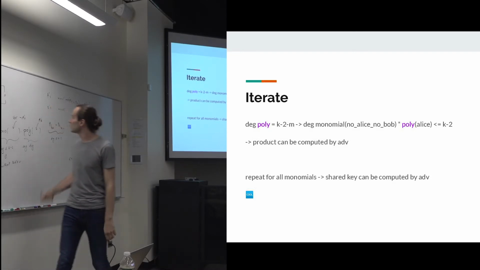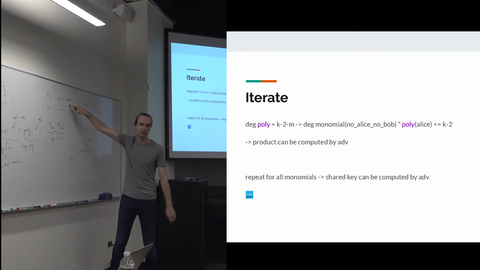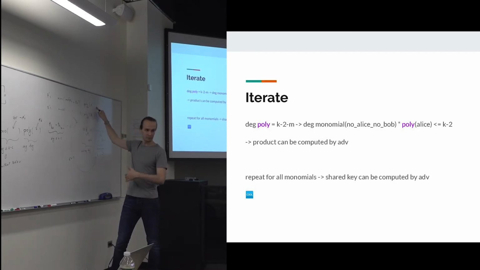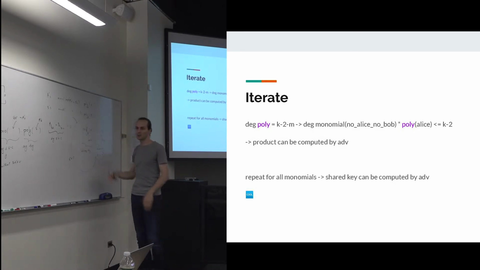So you iterate through all these monomials, and you know that there is a representation, in this case in Alice's variables, that you can compute on your own.